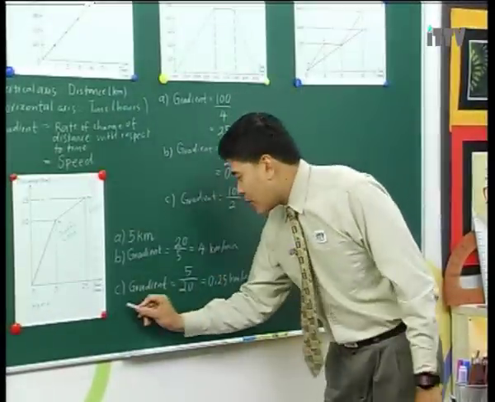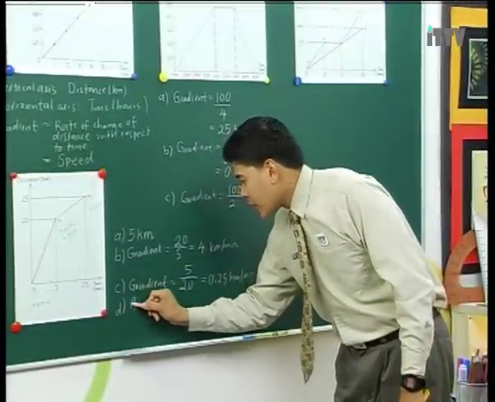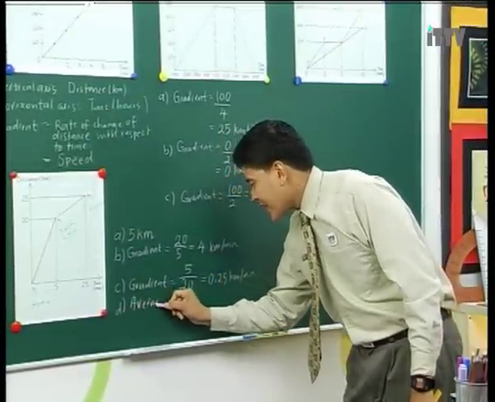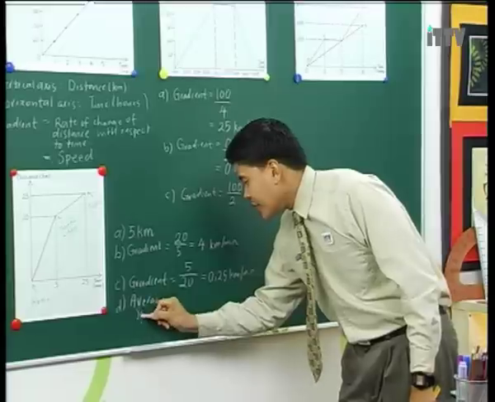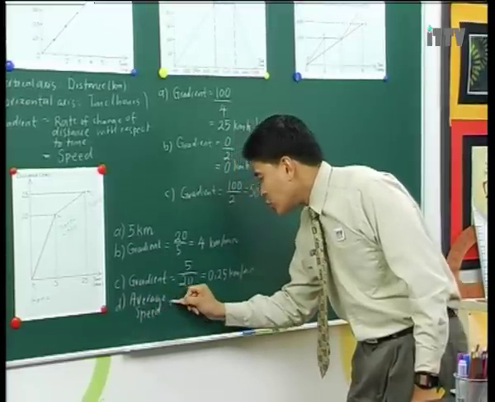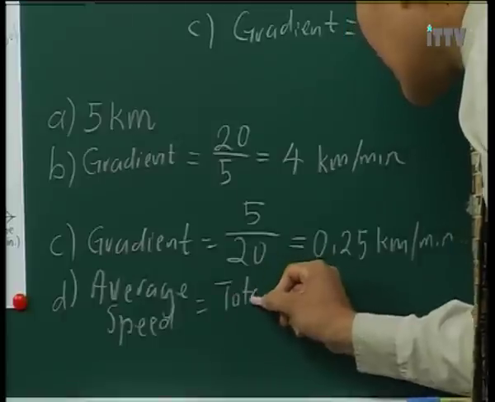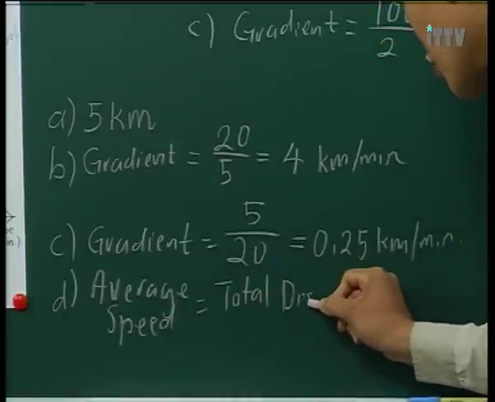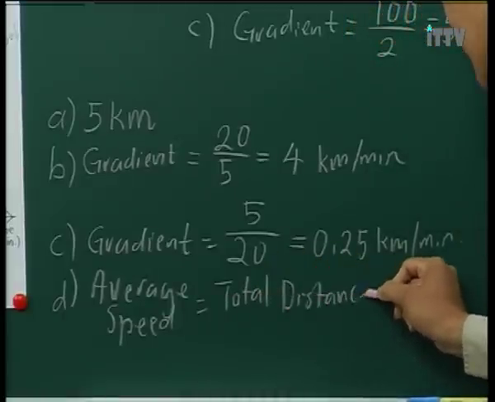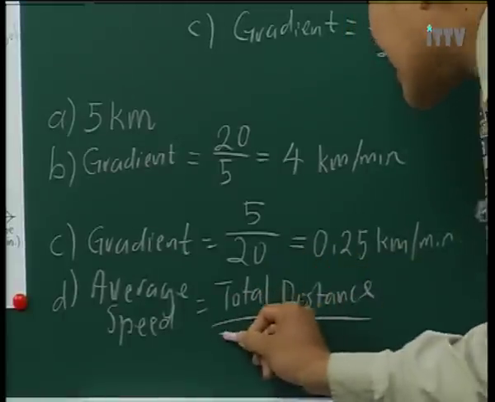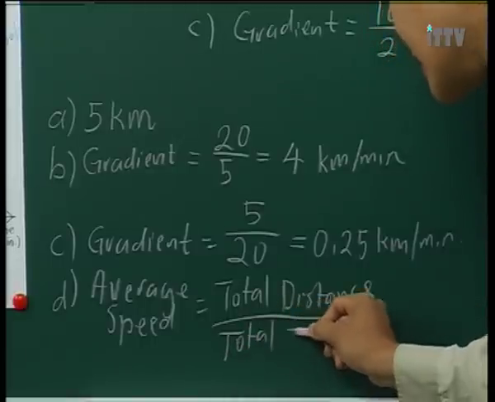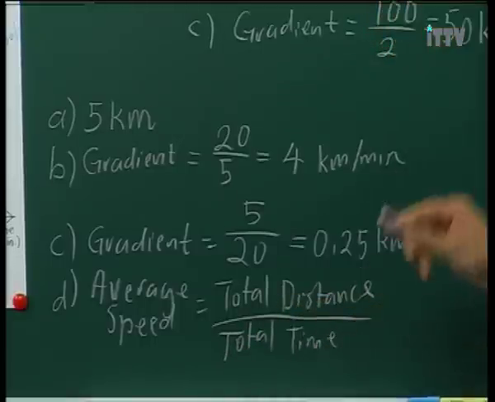What is the formula for average speed? The average speed is equivalent to the total distance over the total time taken. This is very important. This is how you find the average speed: total distance over total time.